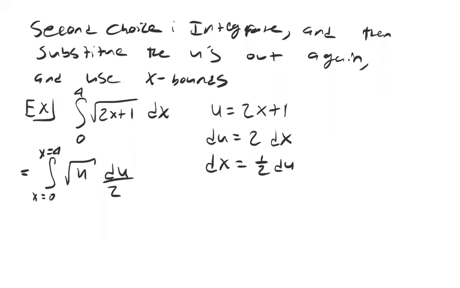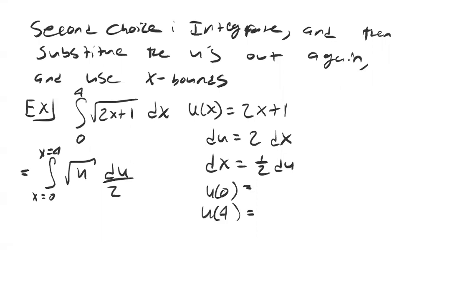I cannot plug in x equals 0 and x equals 4 because it's not the same integral. So in this case, I'm going to write this as u of x. So instead of writing u is equal to this thing, I'm going to write u of x is equal to this thing. The reason being is I'm going to look at u of 0 and u of 4.